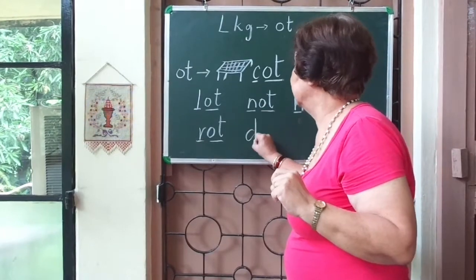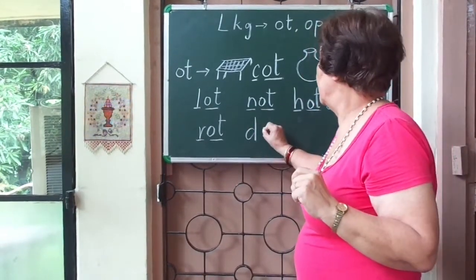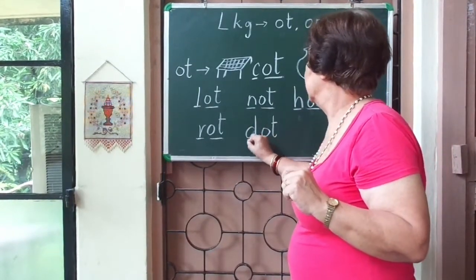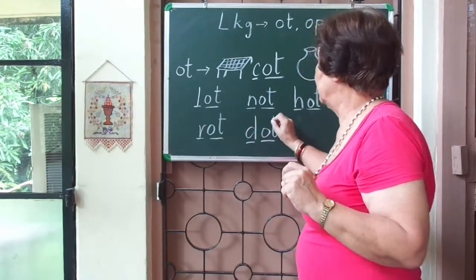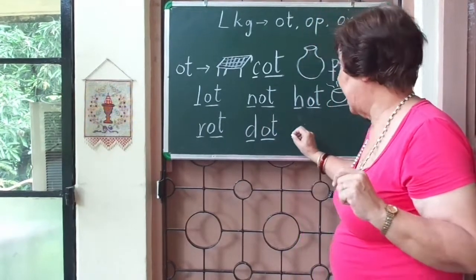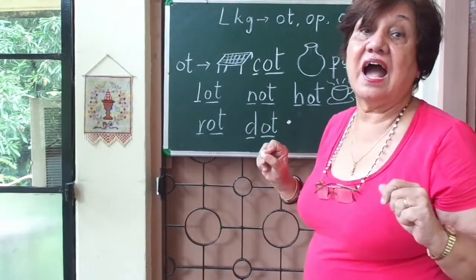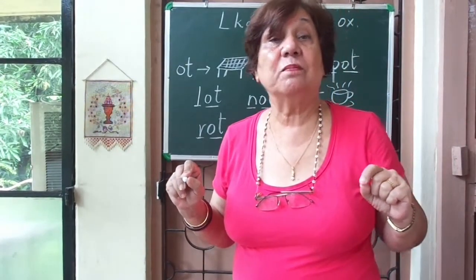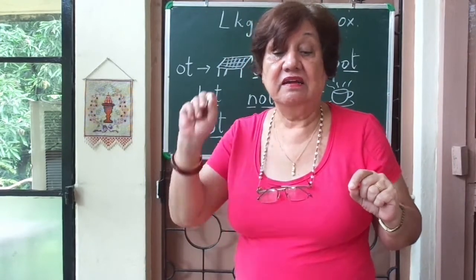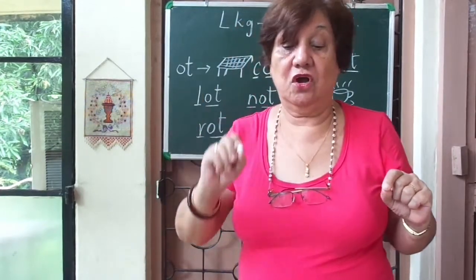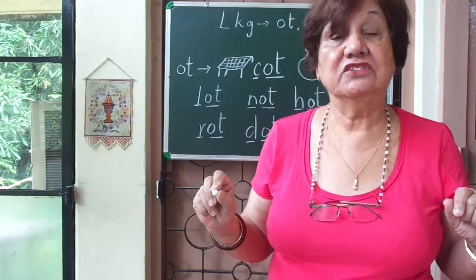D says D. And ot. O-T, ot. D, ot. And what do we do when we write an I? What do we put? We put a dot on top of an I. What do we put on top of a J, a small j? We put a dot on top of a small j.